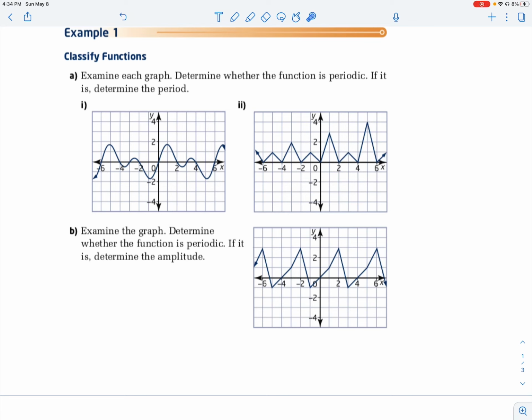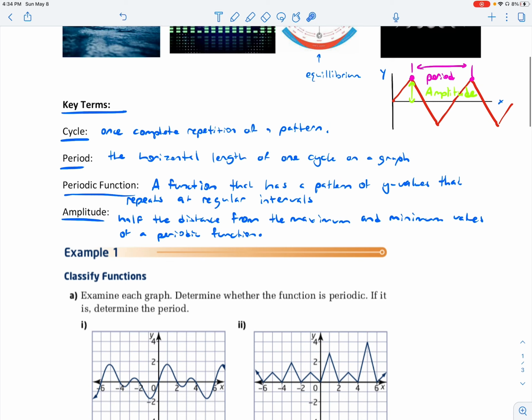There are three graphs here, and we first want to determine whether the function is periodic. That means there's going to have to be a complete cycle that repeats: a function that has a pattern of y values that repeat at regular intervals.